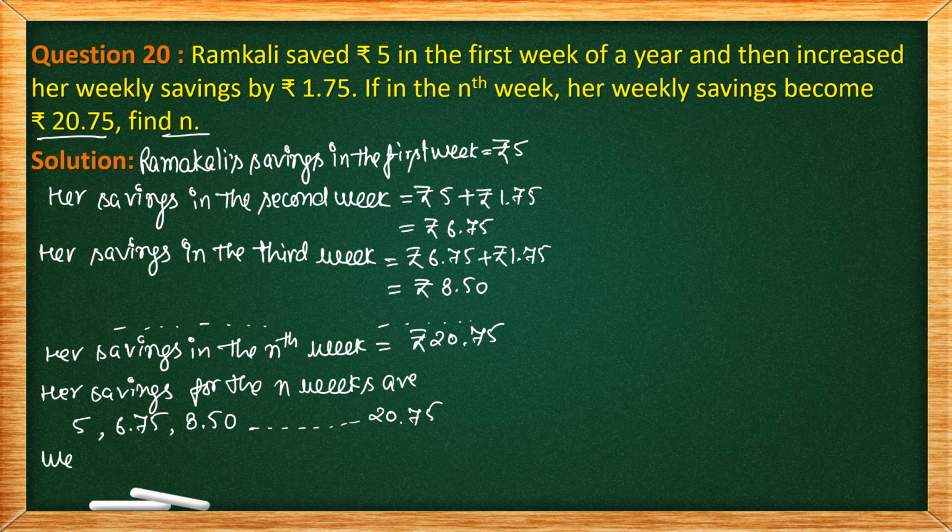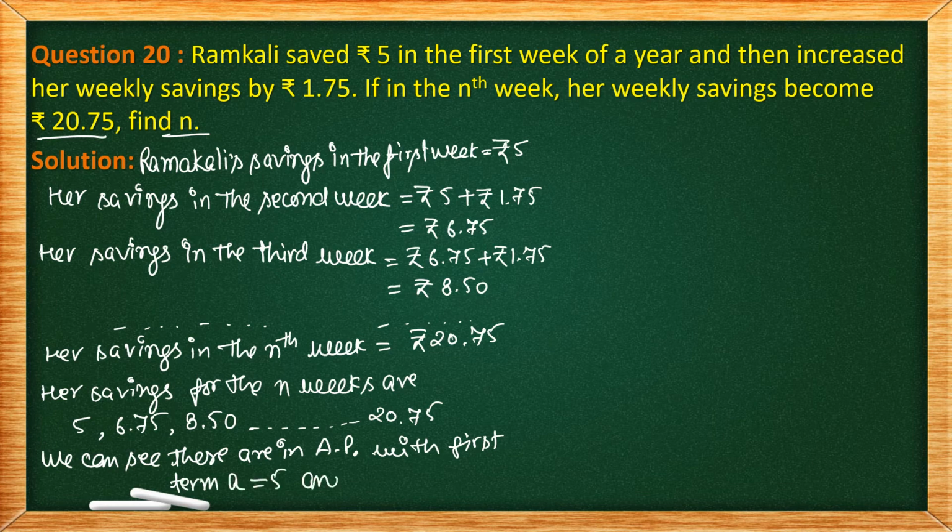And we can see these are in arithmetic progression with first term a is equals to 5, and the common difference d is equals to 1.75, by which Ramkali is increasing her weekly savings.